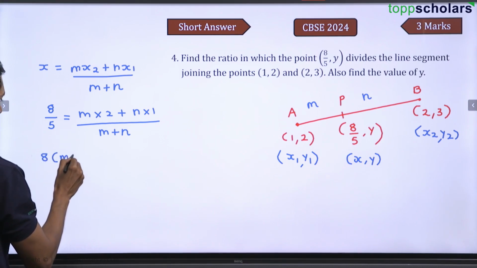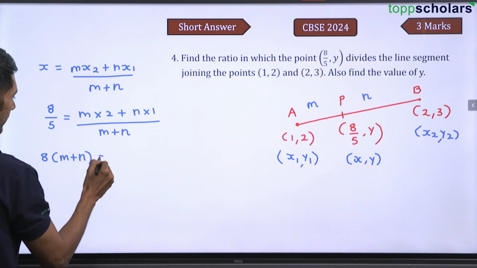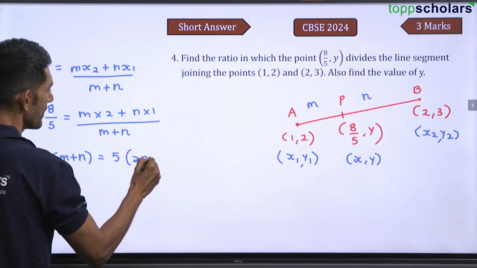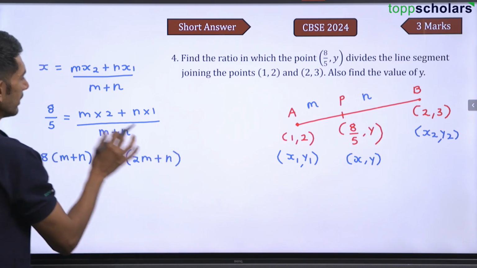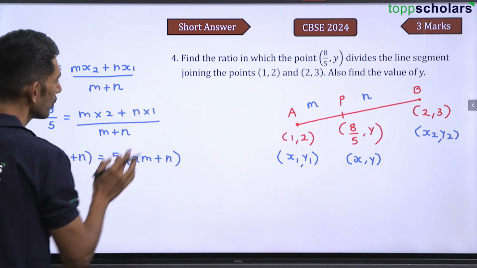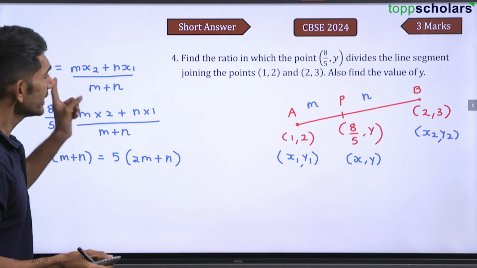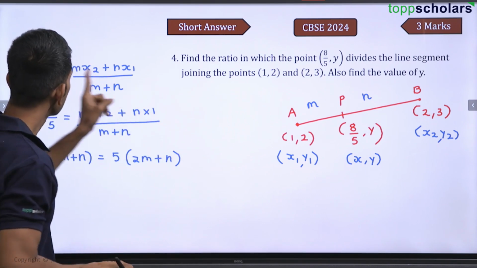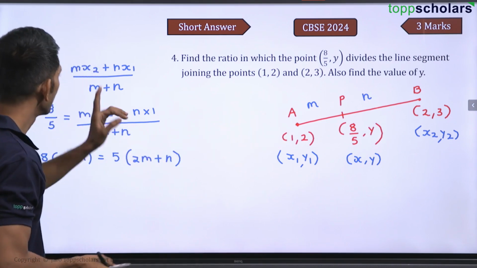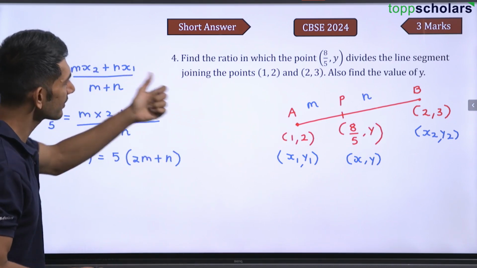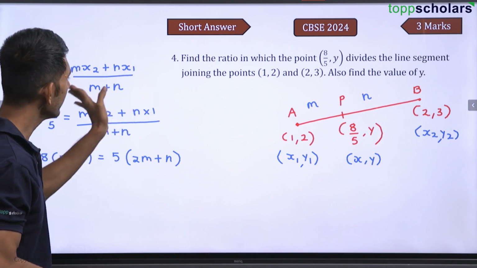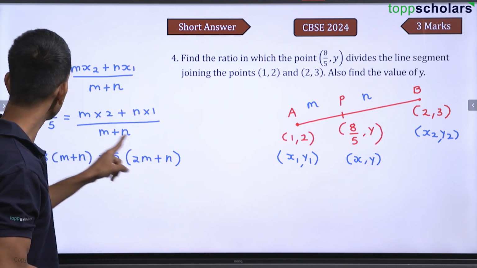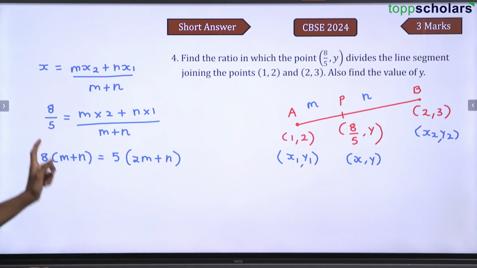So 8 into m plus n is equal to 5 into 2m plus n. 2 into m is 2m, n into 1 is n. See, x is equal to mx2 plus nx1 by m plus n. M is as it is, x2 is 2 plus n is as it is, x1 is 1 by m plus n. 2 into m is 2m, n into 1 is n. M plus n goes here, 5 goes here.